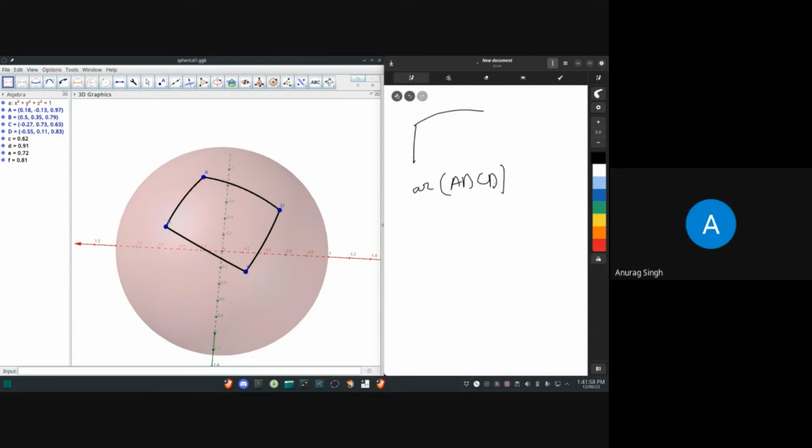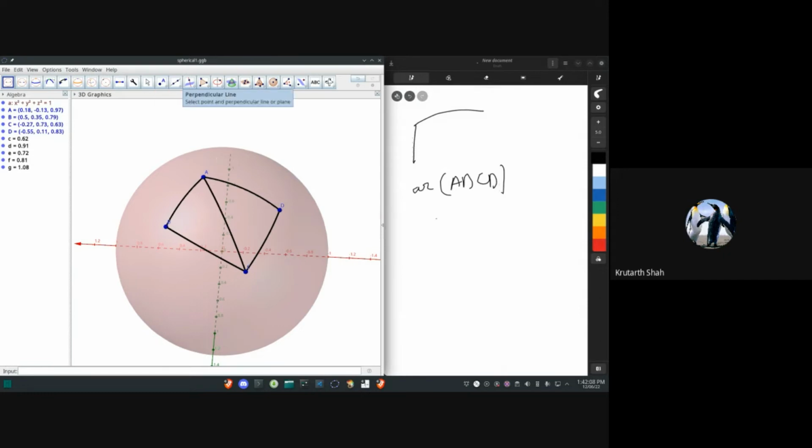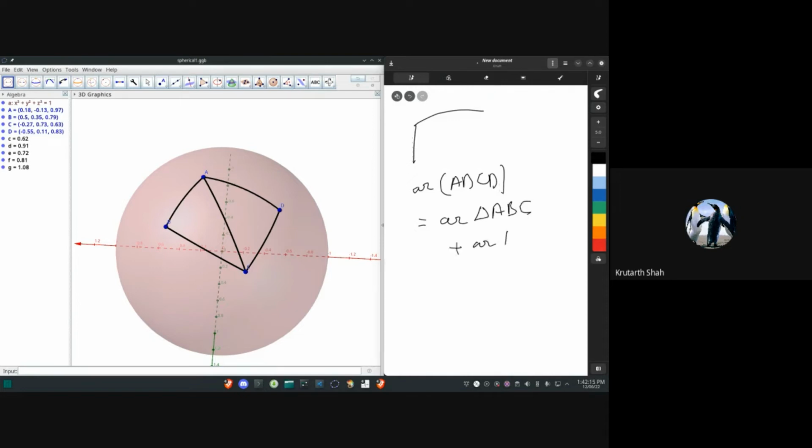You can just split it into triangles. So you can just join AC, and so the area is nothing but area of ABC plus area of ACD, which is angle ABC plus angle CAB plus angle ACB, minus pi, and then similarly angle ADC plus angle DCA plus angle DAC, minus pi.